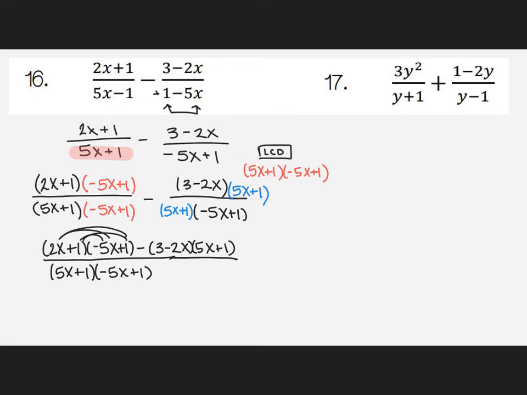So I get negative 10x squared plus 2x minus 5x plus 1 minus, and remember you have to leave this in parentheses so you can distribute the negative, 15x plus 3 minus 10x squared minus 2x.